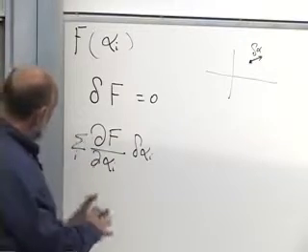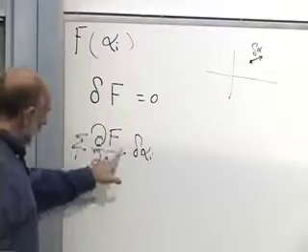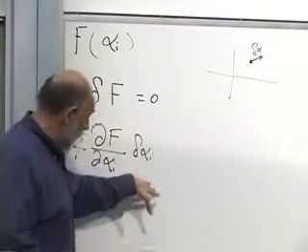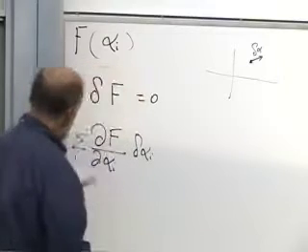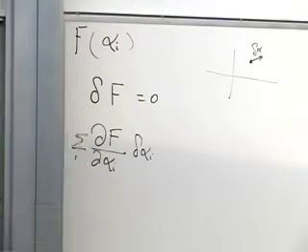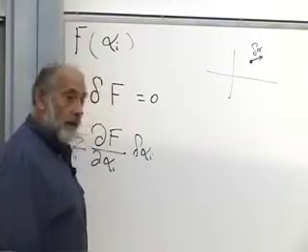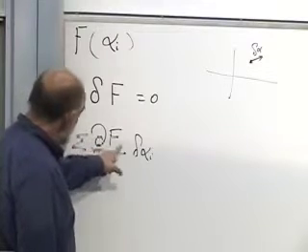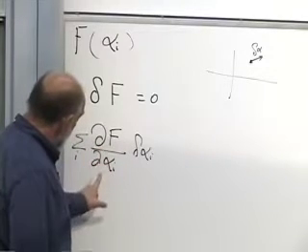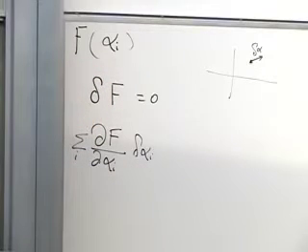If you change the arguments of a function, the function changes to first order, ignoring things of order delta alpha squared, delta alpha cubed, and so forth, which are much smaller than delta alpha. The change in the function to first order is just the derivative of f with respect to alpha times the change in alpha, summed over all of the variables.